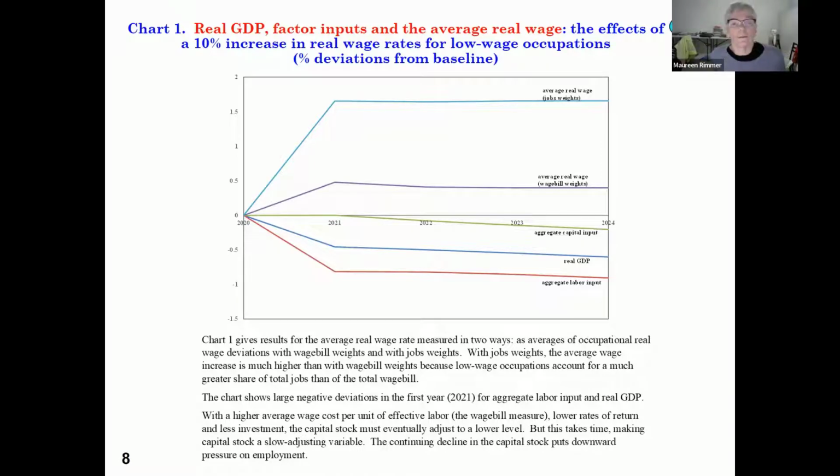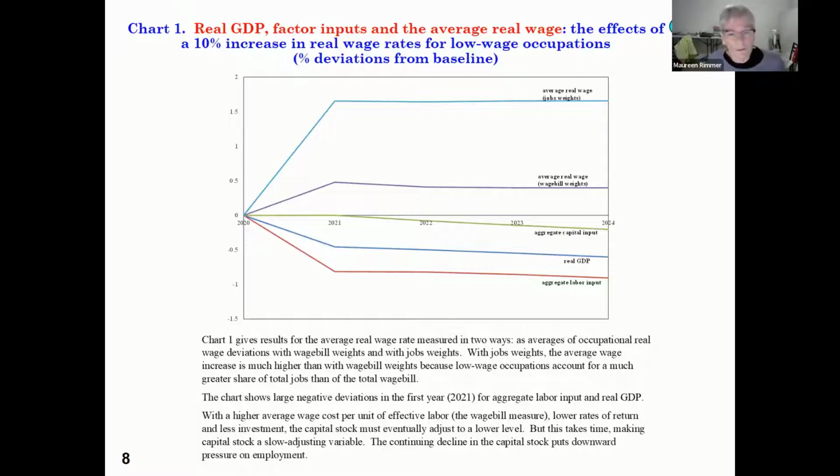It's because we put up wages by 10% for the low wage workers, and they are a larger share of the jobs than they are of the wage bill. They are a 20% share of the jobs. So that 10% wage increase puts up the average wage in job weights higher than the average real wage in wage bill weights, because the low wage workers are only 9% in wage bill weights.